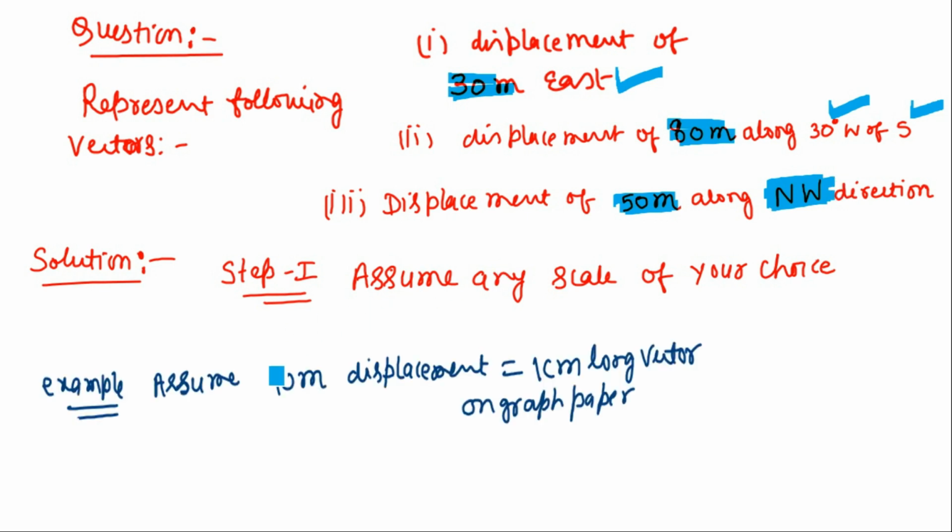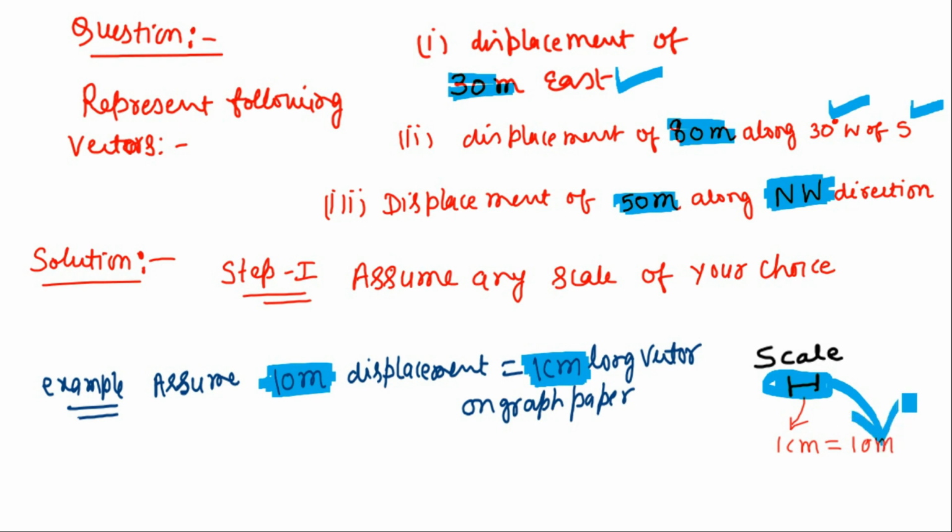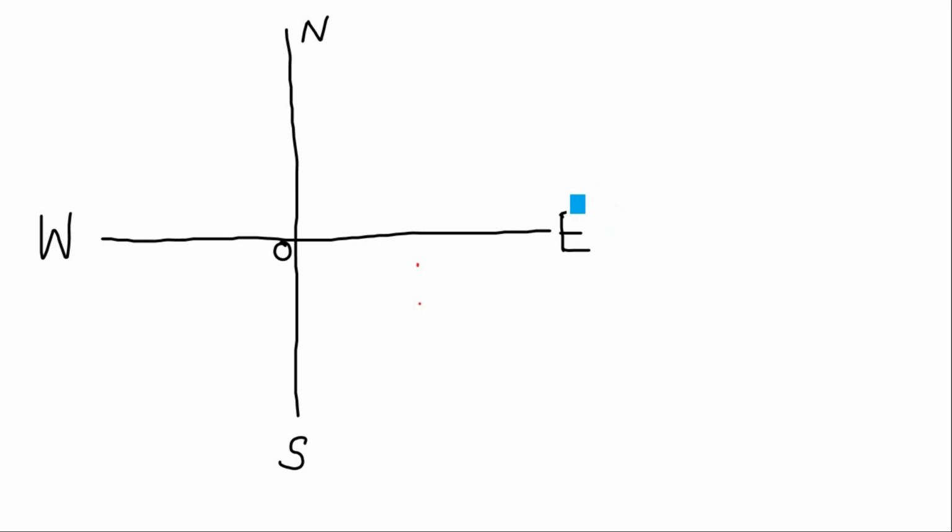So let us assume that 10 meter displacement on the graph paper is represented by a 1 centimeter long vector. This is not necessary, you can choose any scale of your choice. So on the graph paper, this much distance, which is of 1 centimeter length, will be representing a displacement of actually 10 meter. So here we have drawn the north, east, west, south directions.